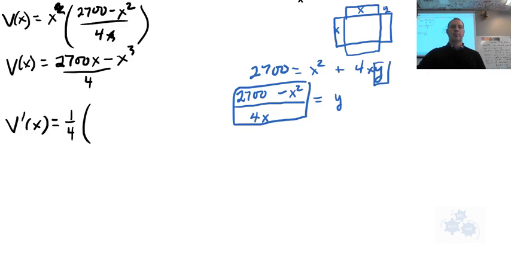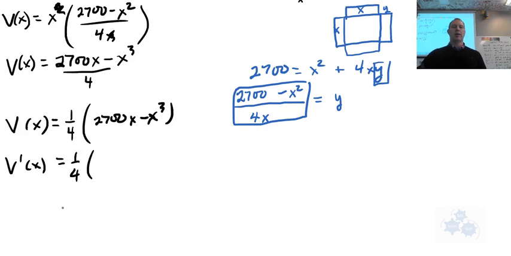So we're left with, and I guess this is still the volume, I'm just rearranging this some more, 2,700x minus x cubed. Is that good? So the derivative now, that 1/4 can just hang out there. It's constant, so it just stays there. And then the derivative of this would be 2,700 minus 3x squared.